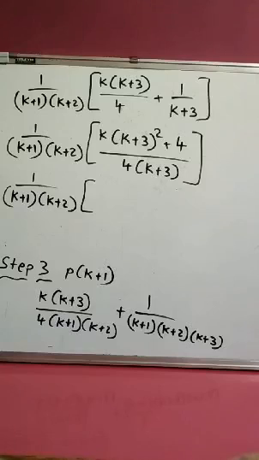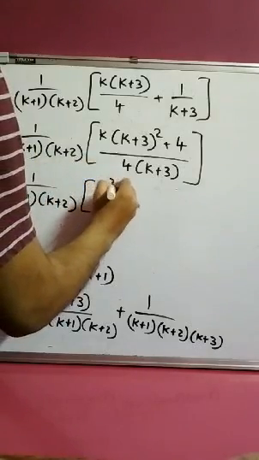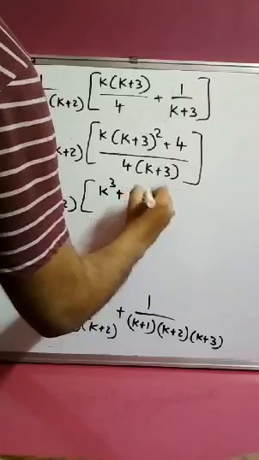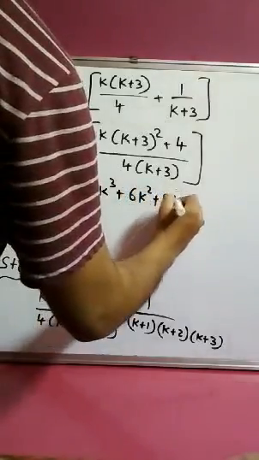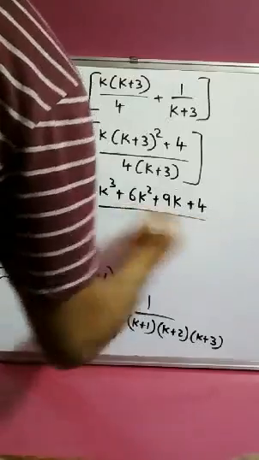So what I am doing over here, I am writing directly k cube plus 6k square plus 9k, and this 4 as it is.